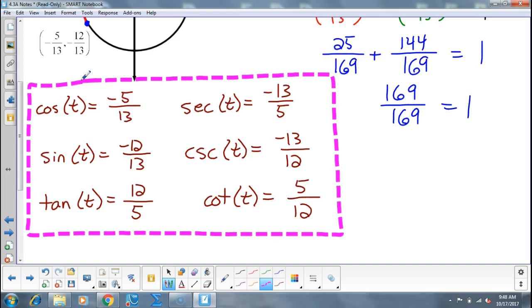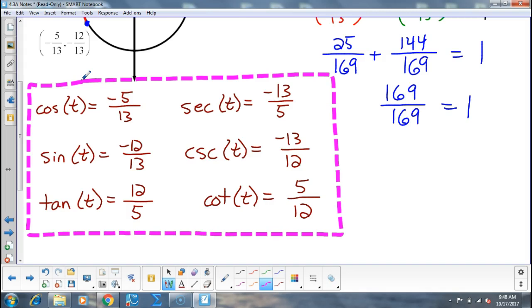Okay? So now, what I would like you to do is start a brand new page. In the top half of that page, I would like you to draw a big unit circle.